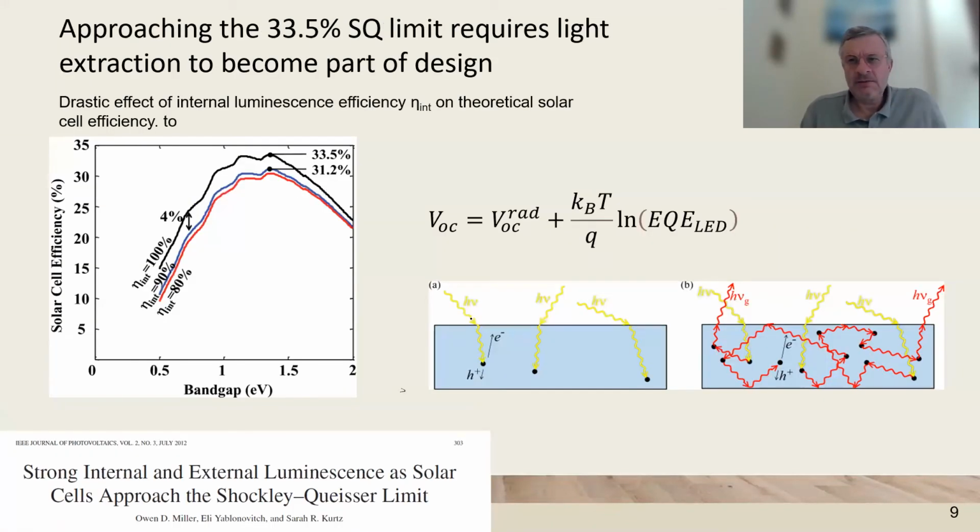We have already remarked before that achieving the radiative limit of the VOC requires a good efficiency of light emission. When the light emission capability of the solar cell working as a diode decreases, then the VOC decreases. And this has been emphasized also by Yablonovitch and co-workers.